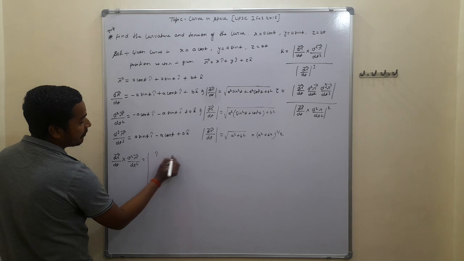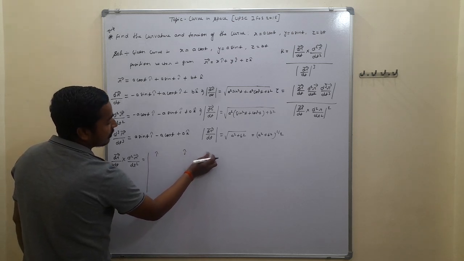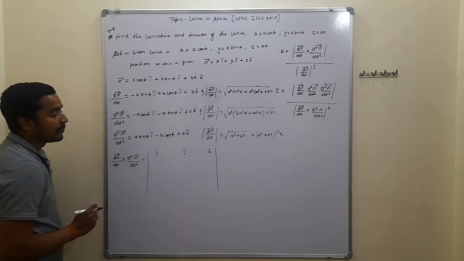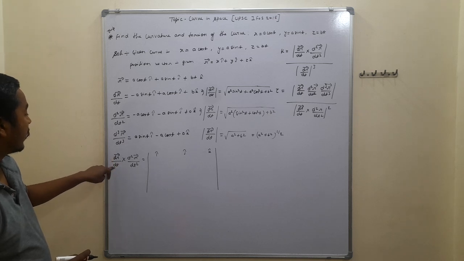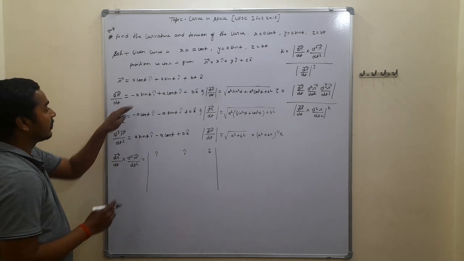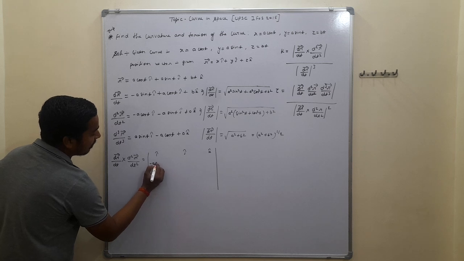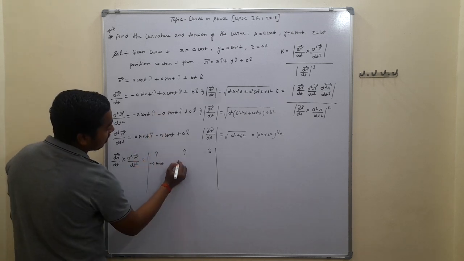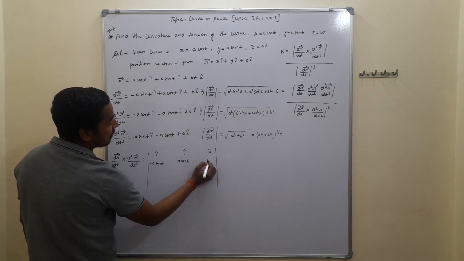This is i cap, this is j cap, and this is k cap. We have to put the values of the coefficients of i, j, k in the given determinant. First we have to put the value of dr upon dt. Here the coefficient of i cap is minus a sin t, for j it is a cos t, and for k cap it is b.